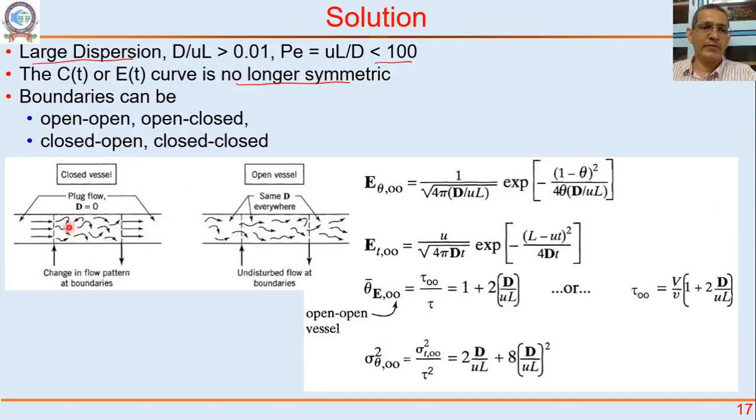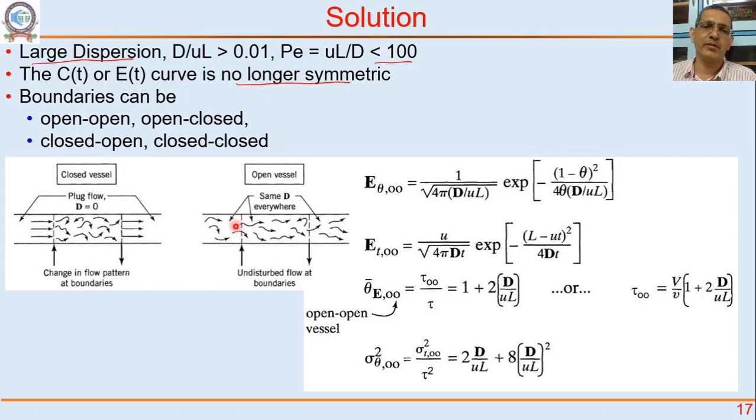So if this is our vessel, we can define two kinds of boundary condition. One is closed boundary condition. Closed at the inlet means there is no dispersion before the tracer enters the reactor. Closed at the outlet means there is no dispersion after the tracer has left the vessel. Open means there is dispersion inside the reactor, as well as before entering the reactor.